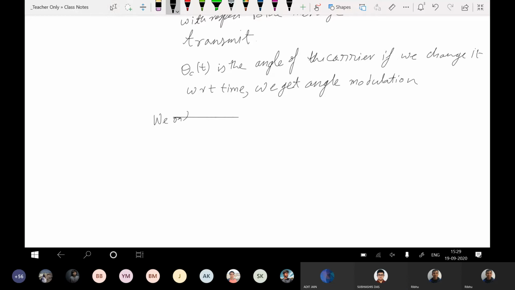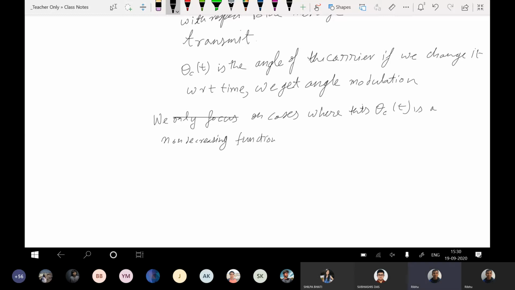We only focus on cases where theta_c(t), the angle, is a non-decreasing function of time.